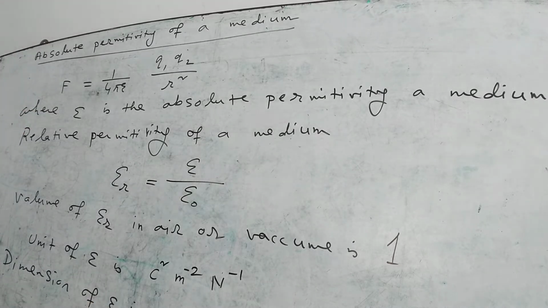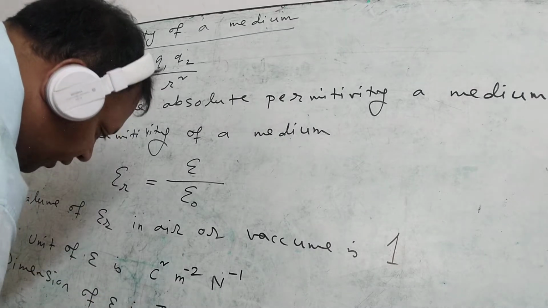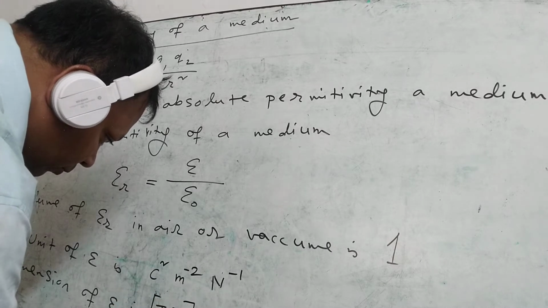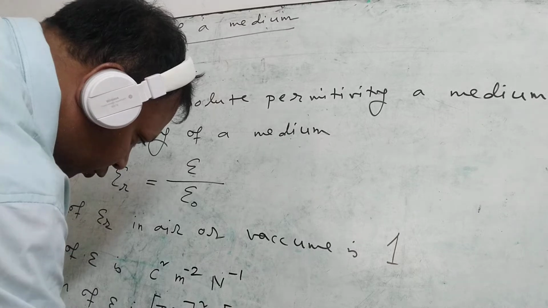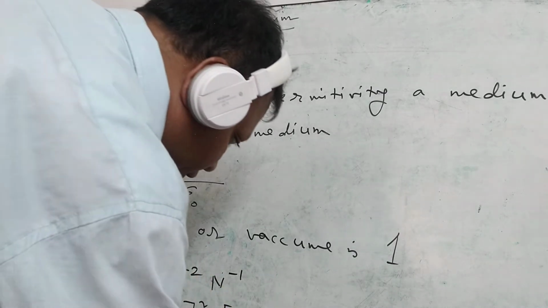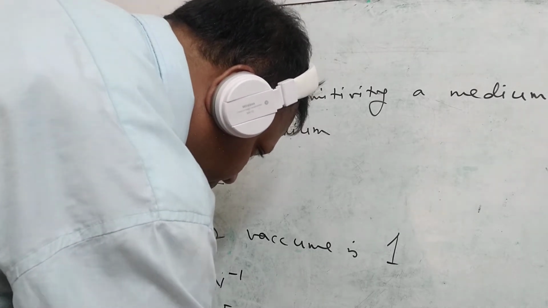The dimension of epsilon is Coulomb, current I into T, whole square, meter length to the power minus 2, force M L T minus 2.